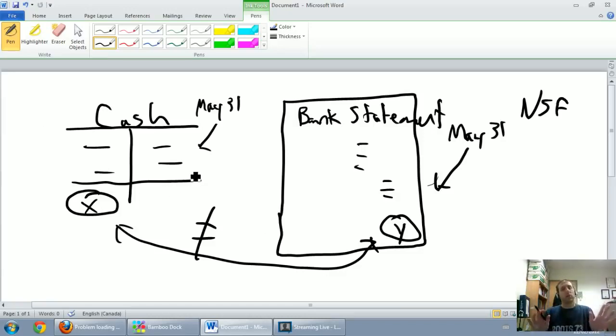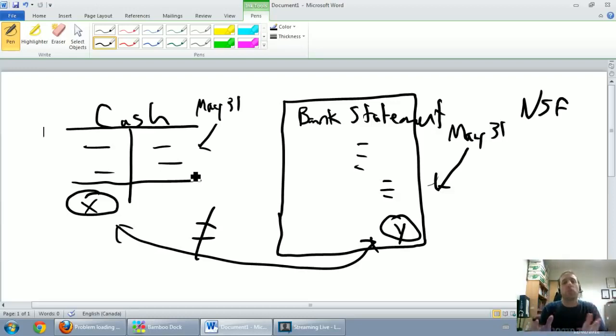So bank reconciliations are all about us as accountants explaining the differences between what's appearing in our cash T account and what's appearing in the bank statement. By being able to explain the differences, we understand our cash situation. And remember, it's important to know where our cash is going and where it's coming from.